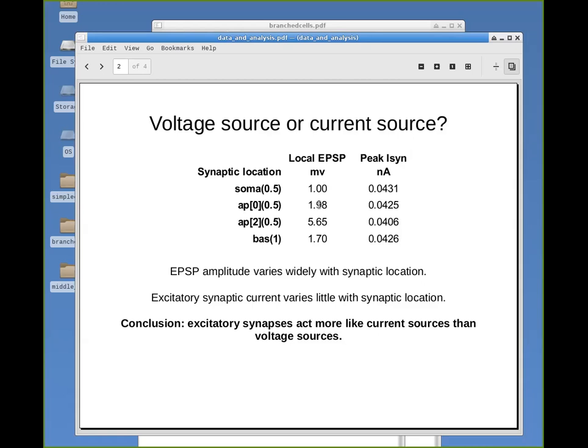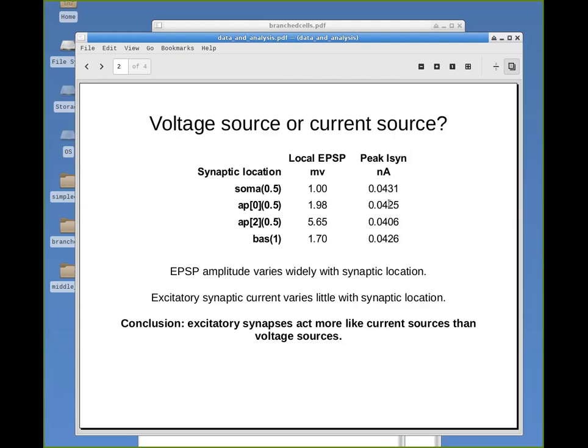If it's at the middle of the distal apical dendrite, you get almost 5.6 millivolts. If it's at the distal end of basilar, you get 1.7. So clearly it's not acting like a voltage source because it produces a different depolarization depending on where it's located.